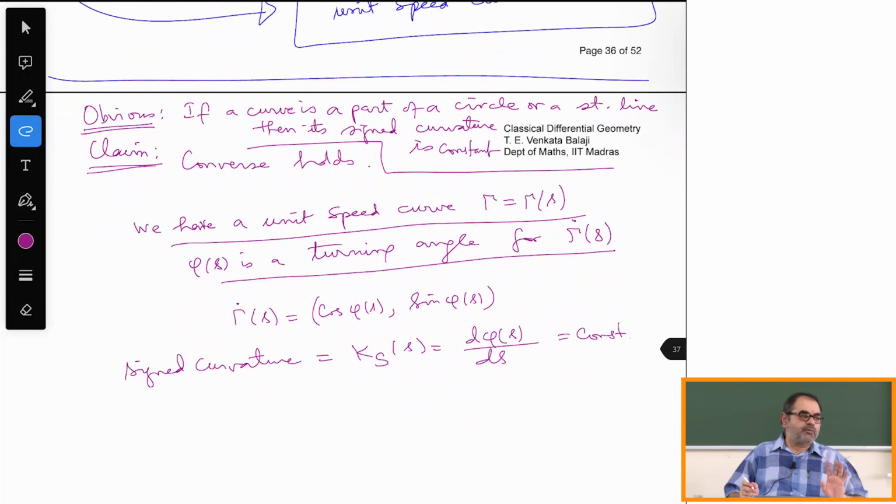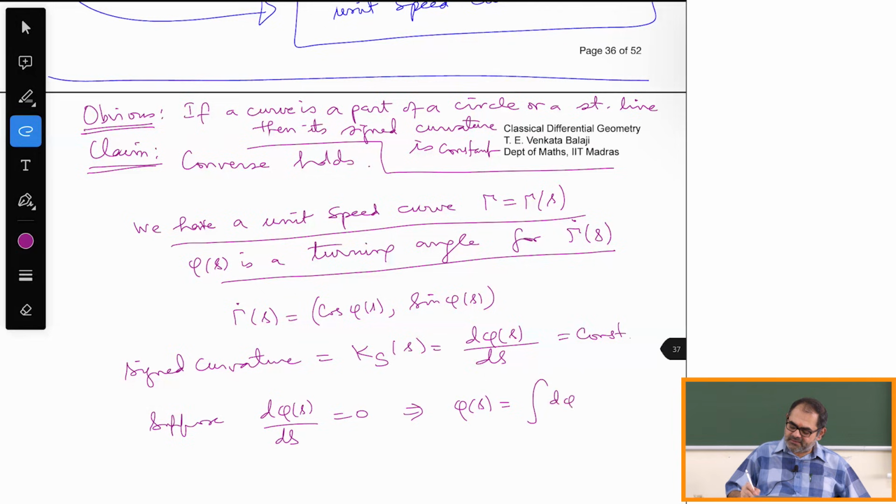Let us take two cases: when the constant is 0, that's easily dismissed, and then when the constant is not 0. Suppose d phi(s)/ds is equal to 0. Then if you integrate it from s0 to s, on the left side I should put phi(s) minus phi(s0), by the fundamental theorem of calculus.